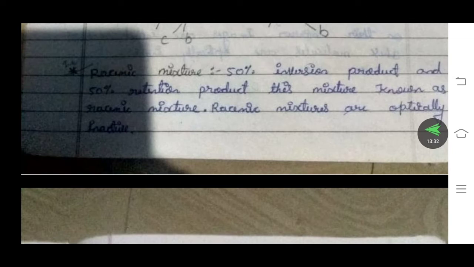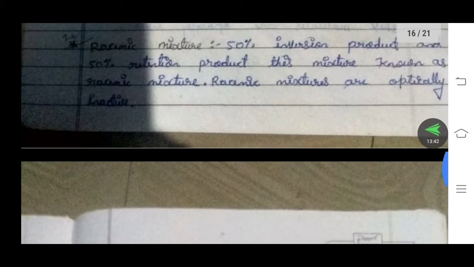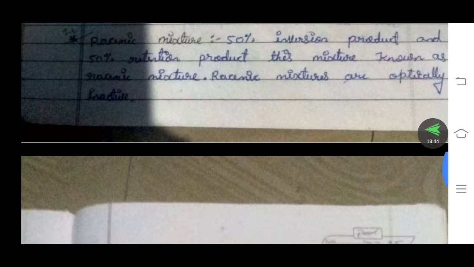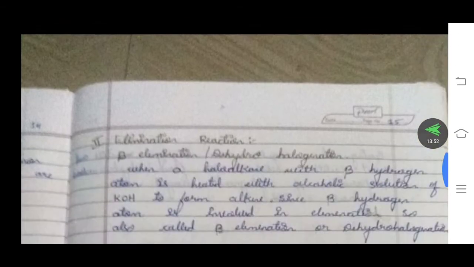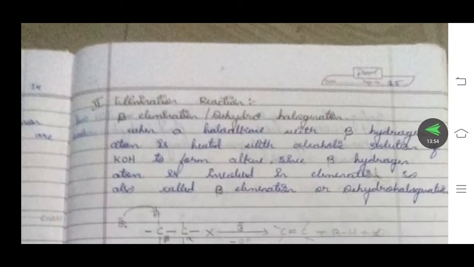Again, one more compound gives 50% levorotatory, so both get cancelled and the complete rotation is zero. So it is optically inactive; there is no rotation in a racemic mixture. This takes place in the SN1 reaction. What type of product will you get? A racemic mixture.